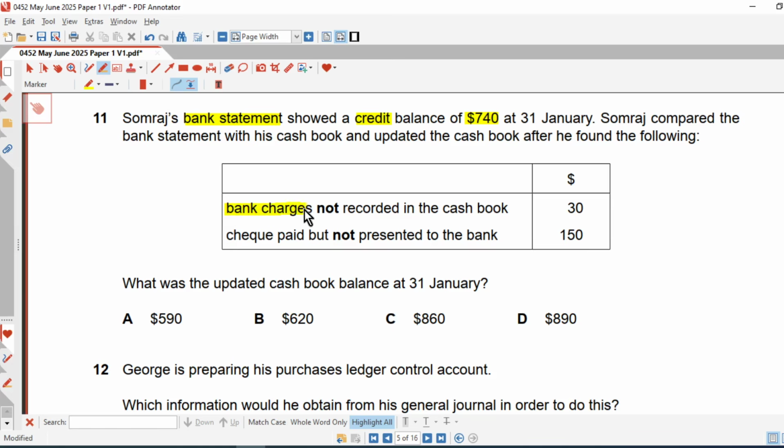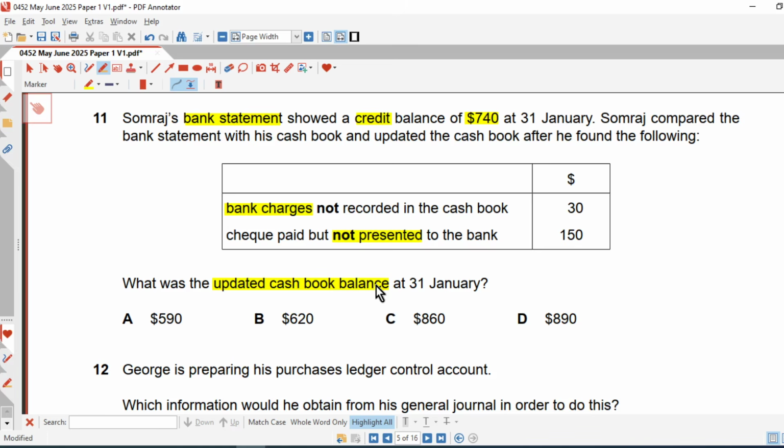There are bank charges not recorded in the cash book, checks paid but not presented to the bank, unpresented checks 150. So what was the updated cash book balance at 31st January?